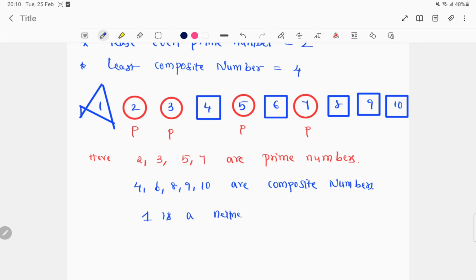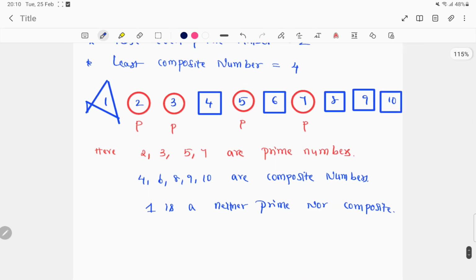So this is how we have to check whatever number it is, whether prime or composite. But we have only one number which is neither prime nor composite, only this number.